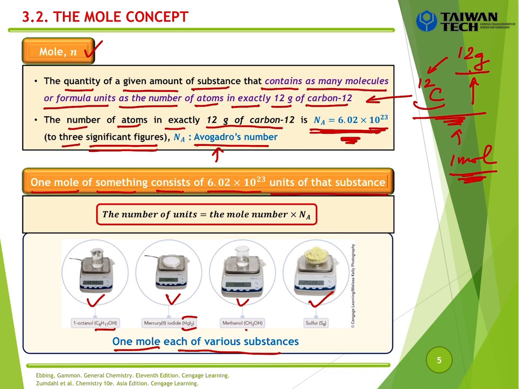Or for this one we also have the same. This one is molecular substance. So we have 1 mole, we have NA molecules, or maybe for this substance as well.